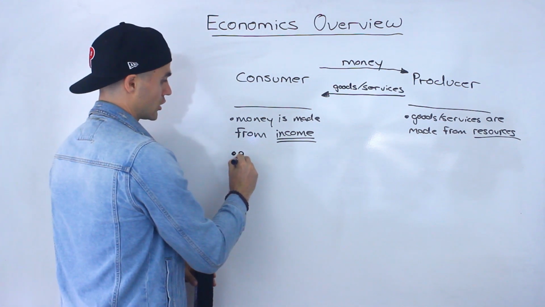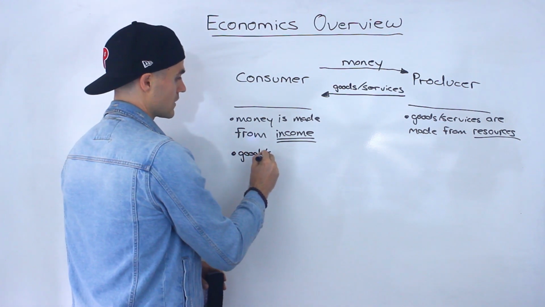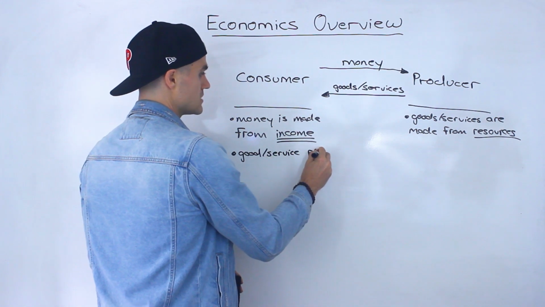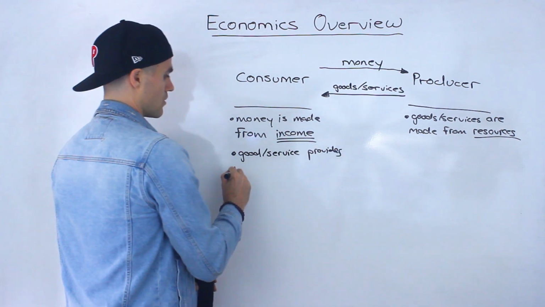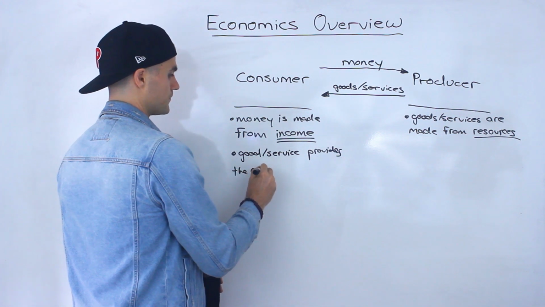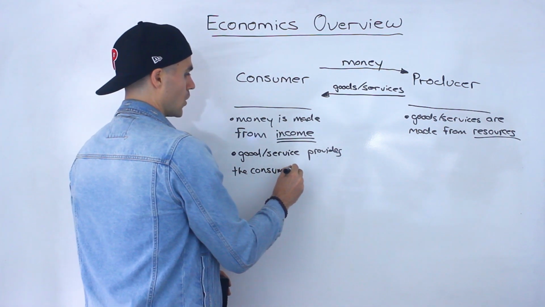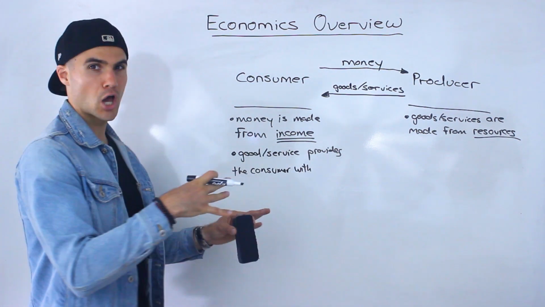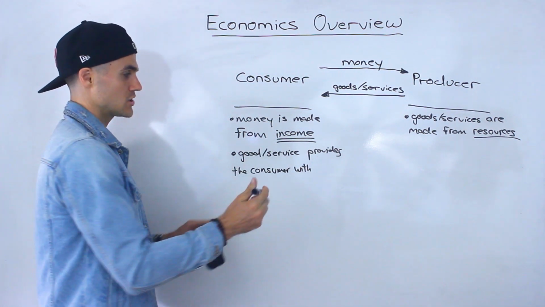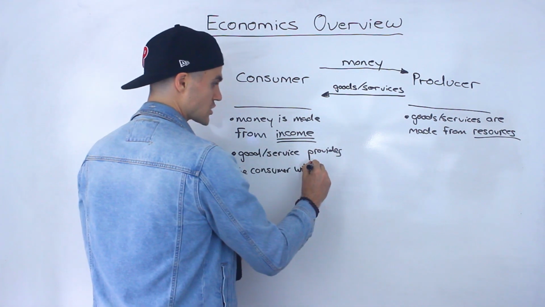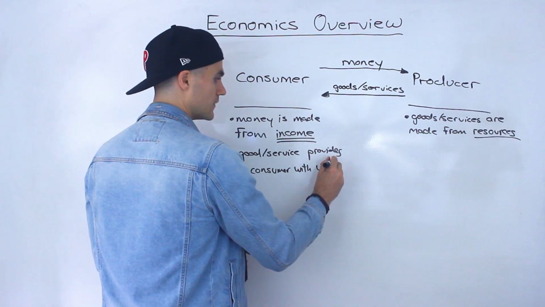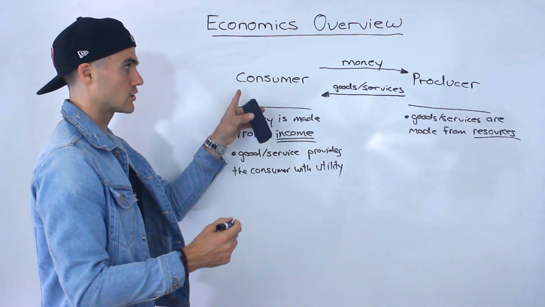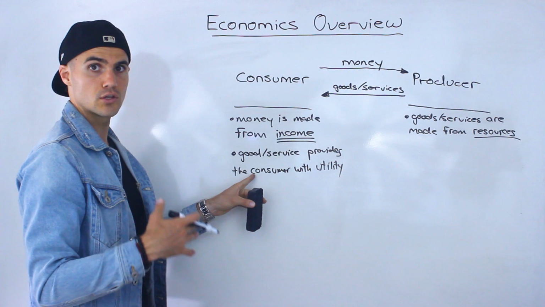And the answer is that a good or service provides the consumer with satisfaction. And in economics, we don't really use the word satisfaction. Another word for satisfaction is utility. Right? That good or service is providing the consumer with utility.